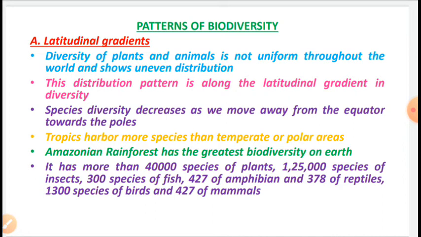It is very interesting. Scientists estimate that in this rainforest there might be at least 2 million insect species waiting to be discovered and named.